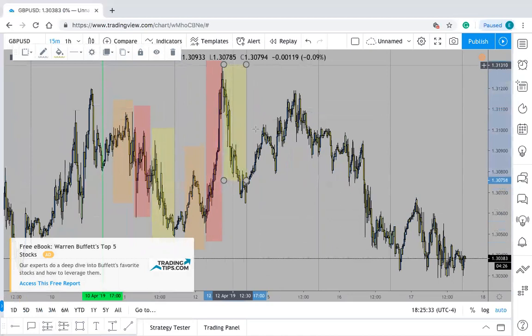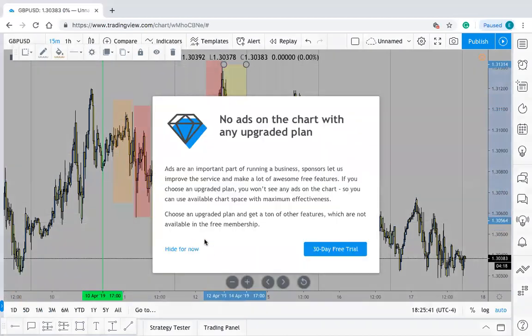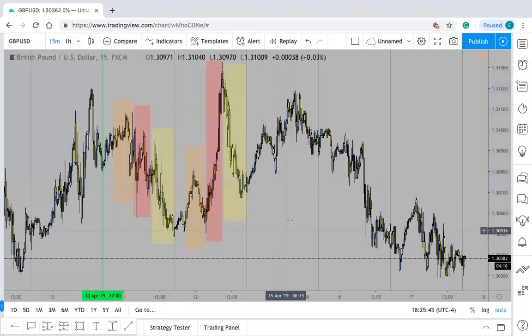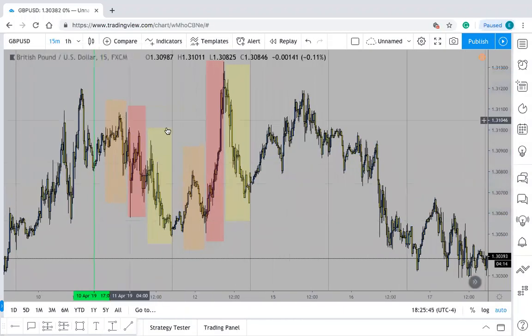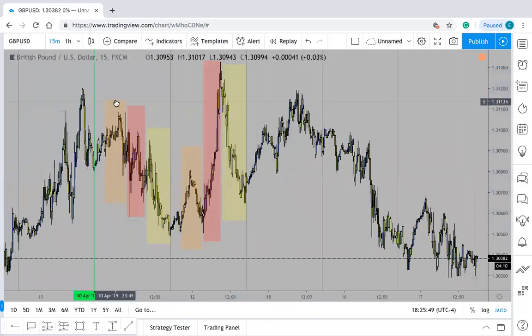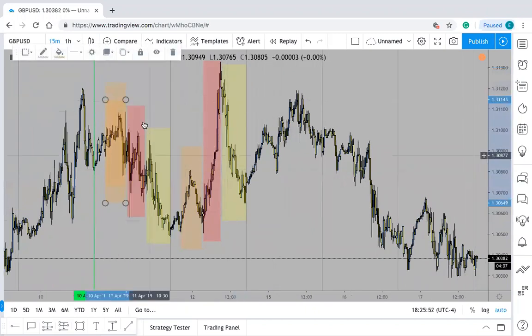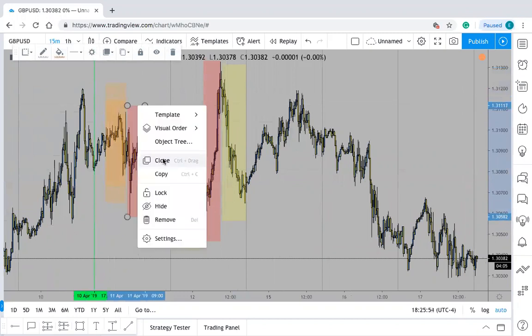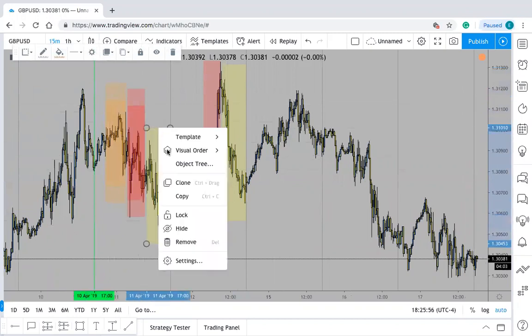Right here, and I'll adjust it as well. Make sure everything is done right. Now we have the first day, we have the second day, and we're going to do the same thing for the next 3 days.